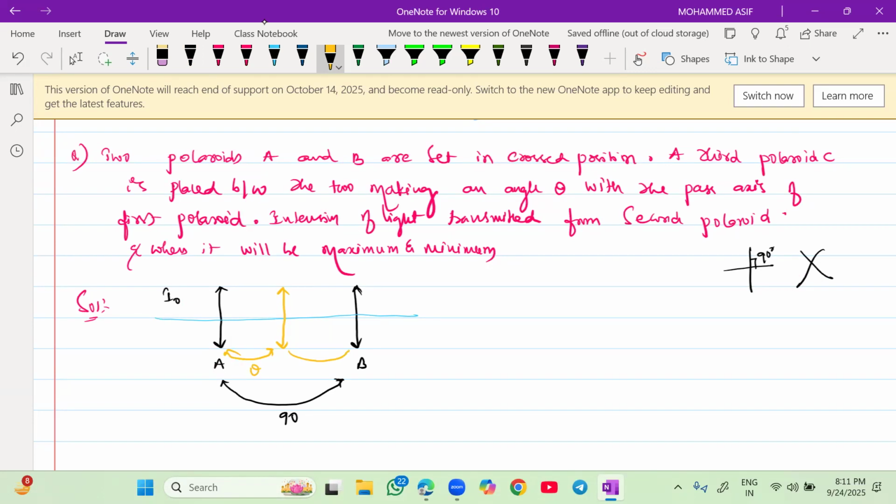So obviously this other angle will be 90 minus theta. This will be the polaroid C. So we have three polaroids A, B and C. The angle between A and C is theta, C and B is 90 minus theta, and the angle between A and B is 90 degrees. Am I clear? Any doubt in this?